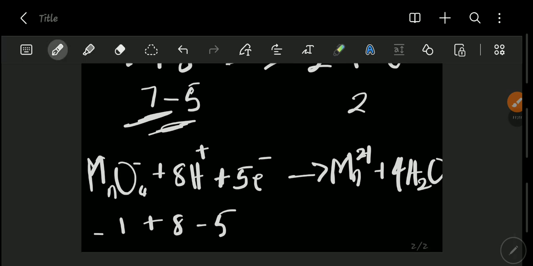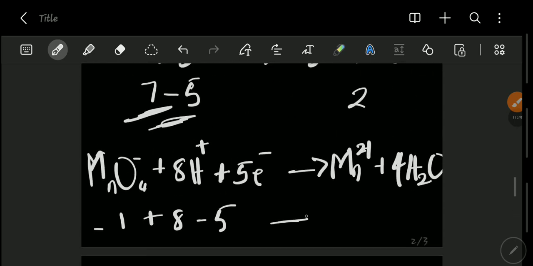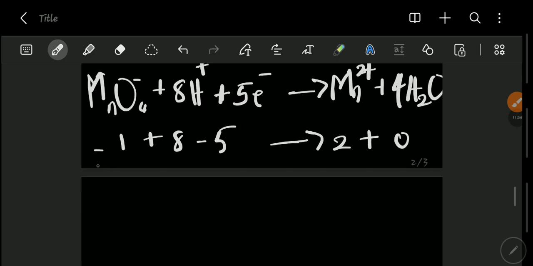That's everything on the left, right? And then everything on the right, I'm having here 1 times 2, giving me 2, plus 4 times 0 giving me 0, right? So minus 1 plus 8 is 7, right? And 7 minus 5 is 2, and here I'm having 2 plus 0 is 2. So the charges are balanced.